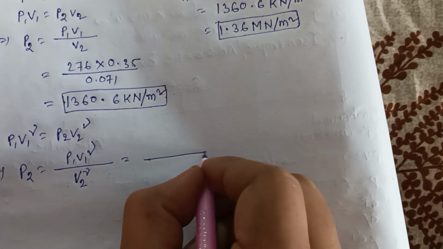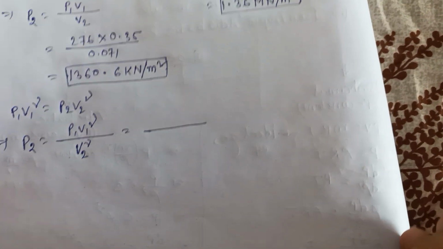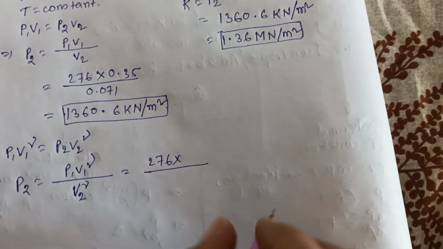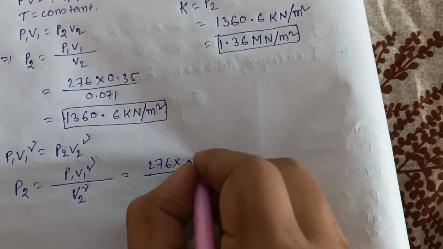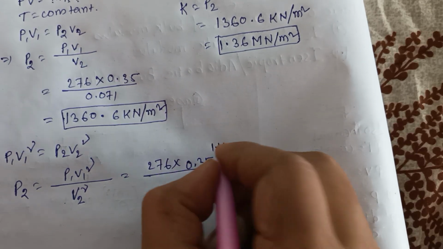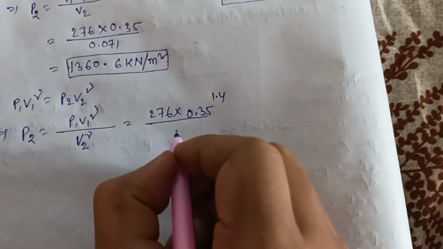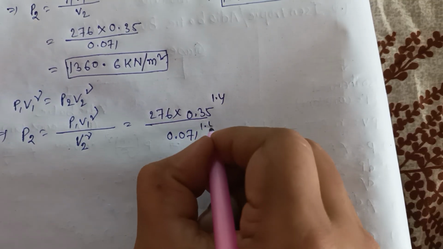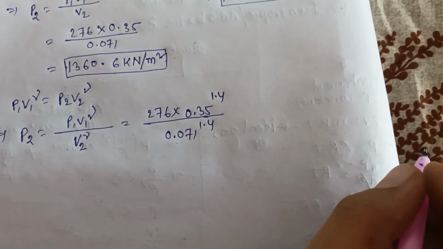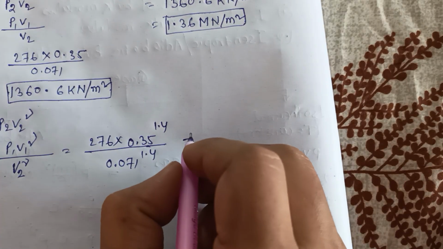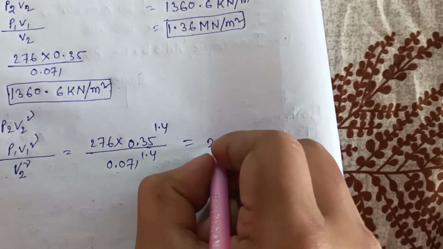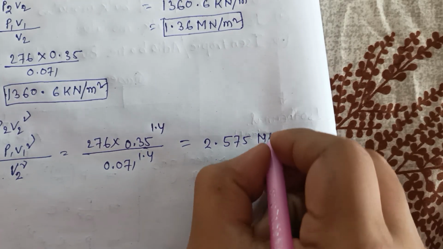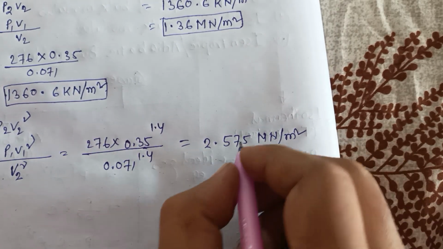P1 is 276 into V1 to the power gamma, that is 1.4, divided by V2, that is 0.071 to the power gamma, 1.4. If you calculate this value, it will be 2.575 meganewton per meter square.